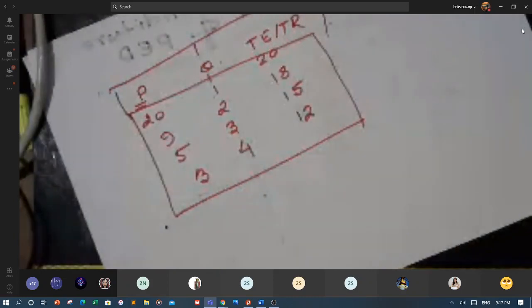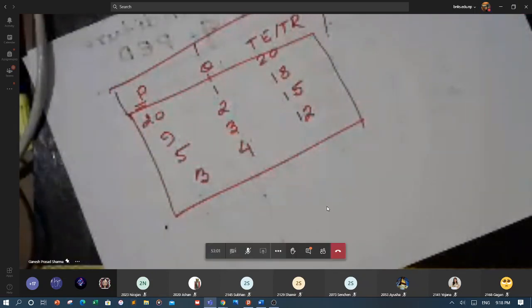On the other side, if the good is relatively inelastic and you increase the price, what will happen to the total revenue? Diksha?